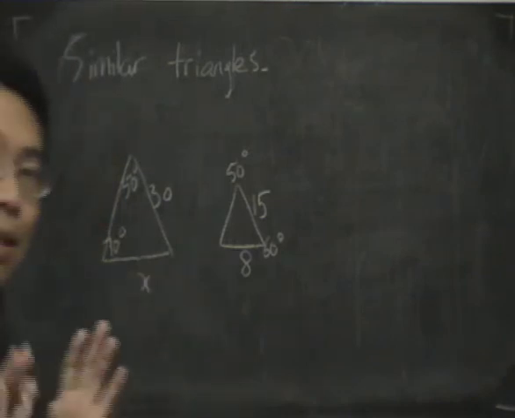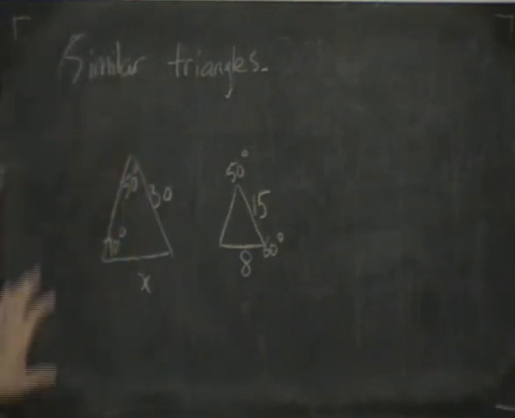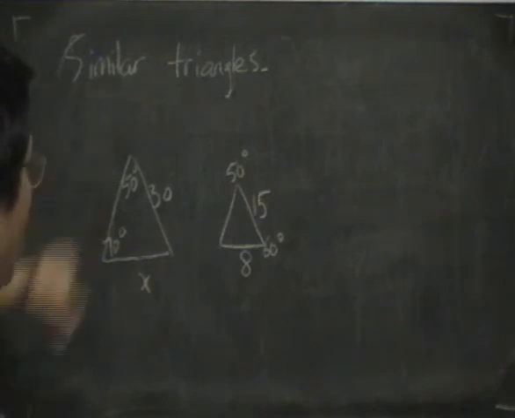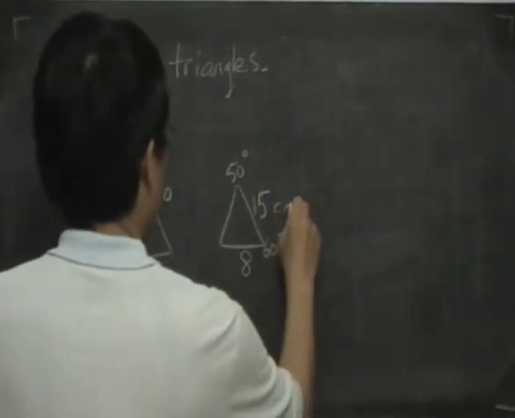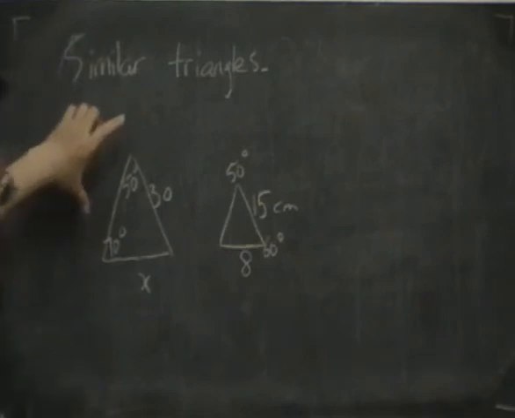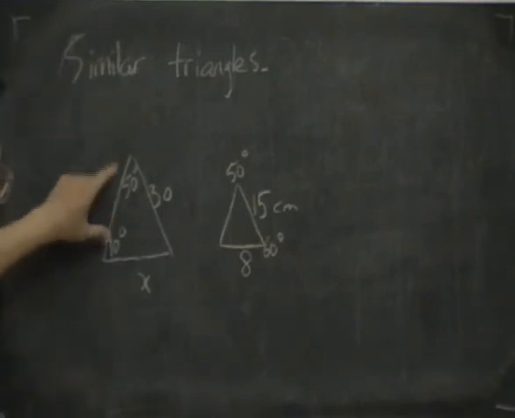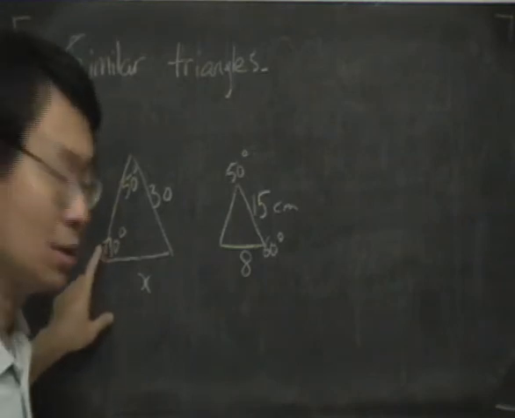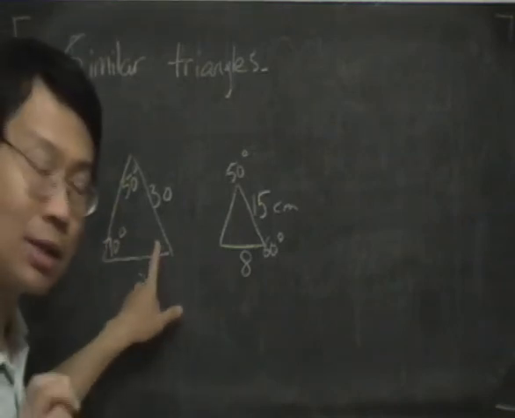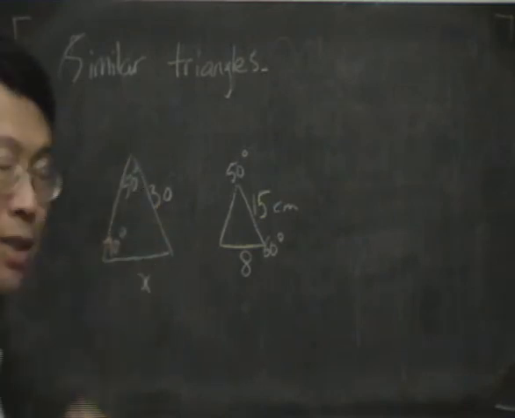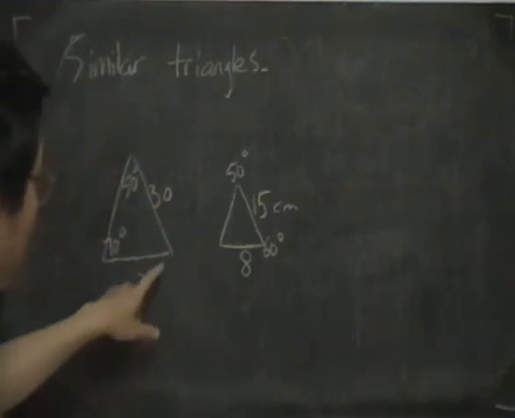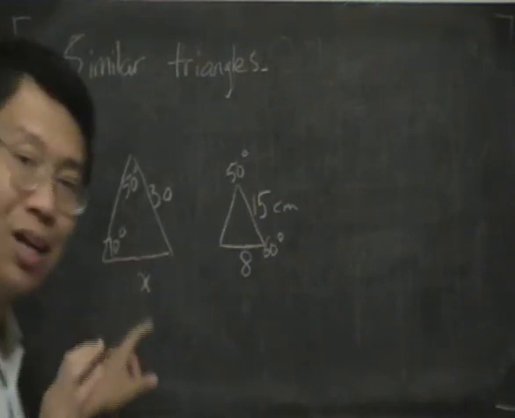Alright, let's look at this example. We have one triangle here with angles of 50 and 70 degrees. That angle is unknown. One side is 30 centimeters and one side is called x.